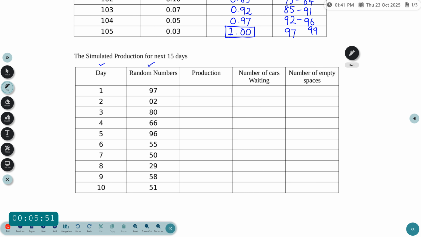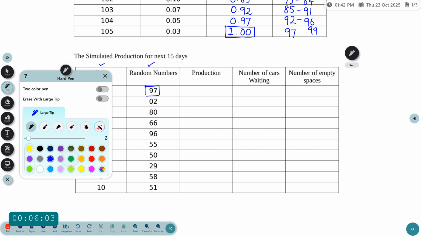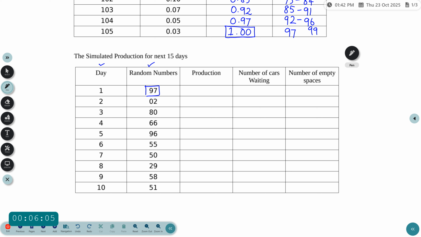Okay. So for random number 97, we need to find which tag number it belongs to. So 97 belongs to this tag number, and the corresponding production value 105 is the production.